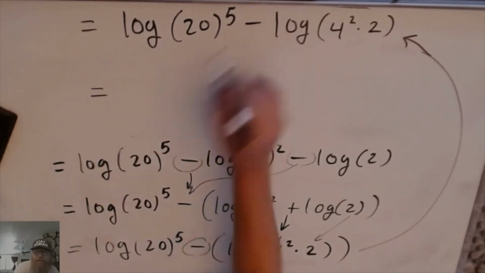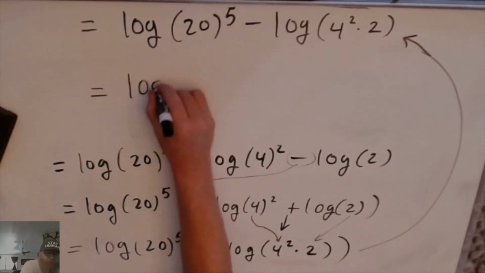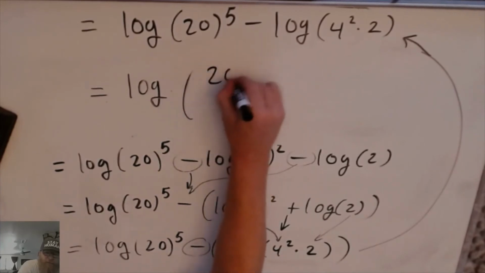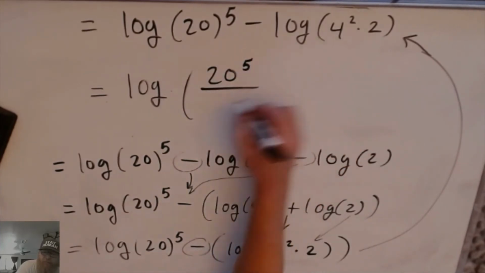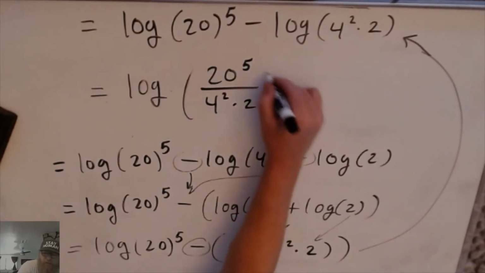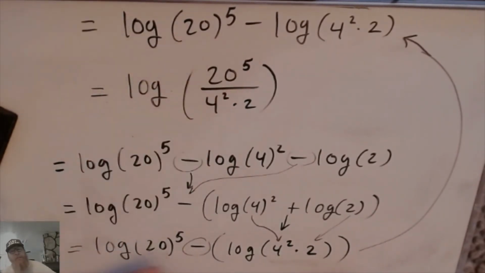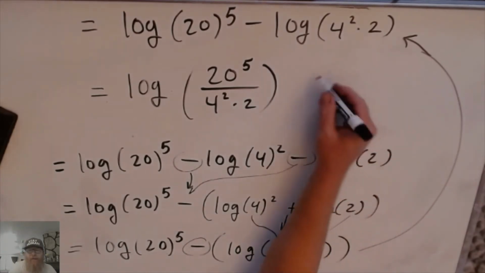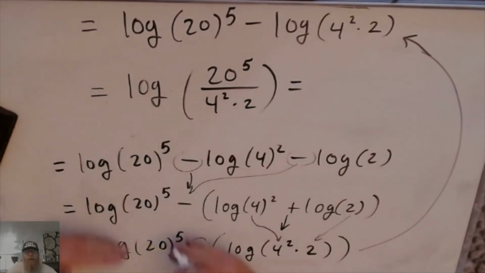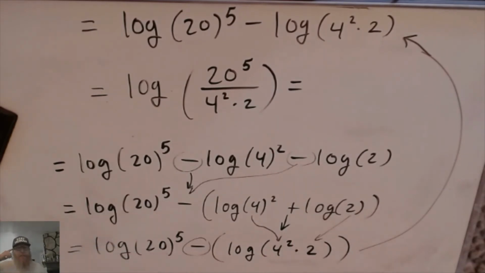So now I've got subtraction. So that's going to be 20 to the 5th over 4 squared times 2. Subtraction becomes quotient or division. I've got a little extra space here. I know normally I work down, but since I've got extra space, I need to use it.